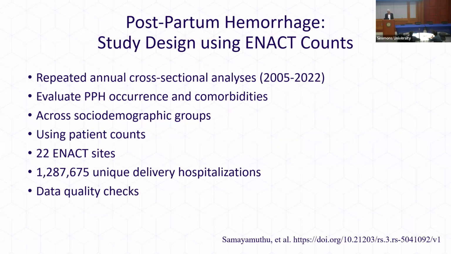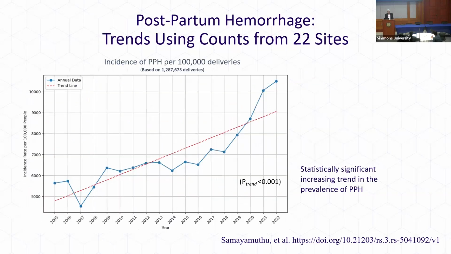We did a repeated annual cross-sectional analysis from 2005 to 2022, just to look at things like what's the occurrence of postpartum hemorrhage, what are the comorbidities associated with it, what's its prevalence across various sociodemographic groups, and all of this just using patient counts. The volume of data that we looked at was about 1.2 million unique delivery hospitalizations across 22 sites.